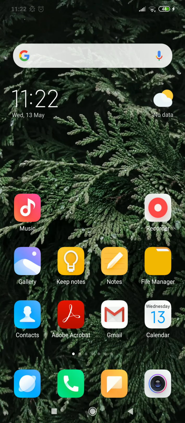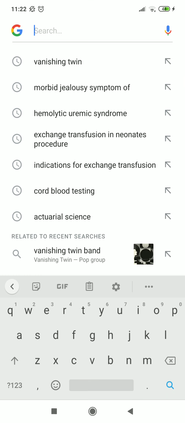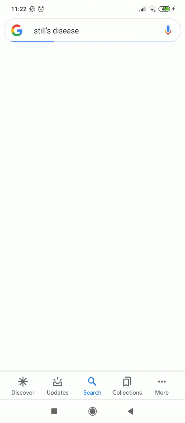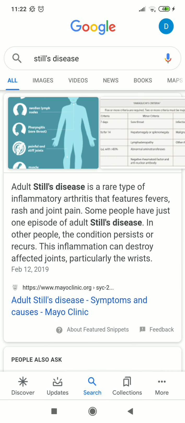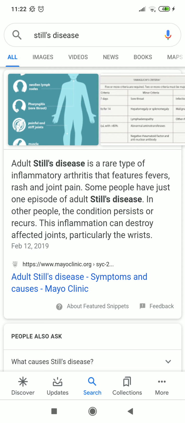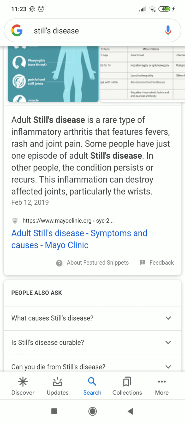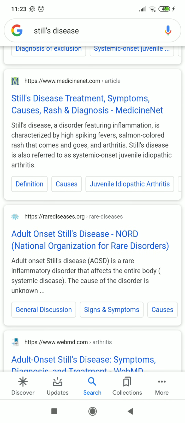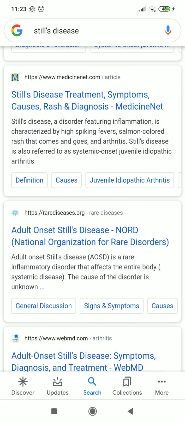So probably there is a pericardial involvement matching with the history. And the rheumatoid factor and ANA are negative. So he basically has a serositis with neutrophil leukocytosis and a high ESR. So the overall clinical picture is more in favor of Still's disease.